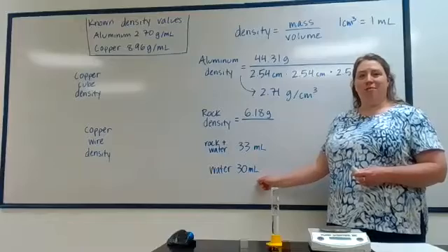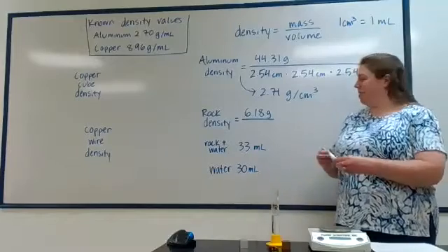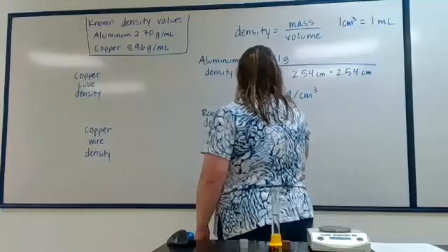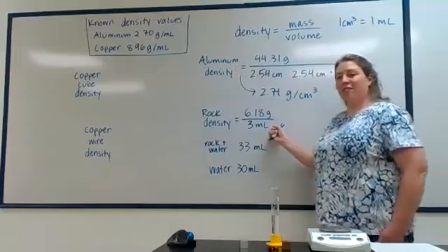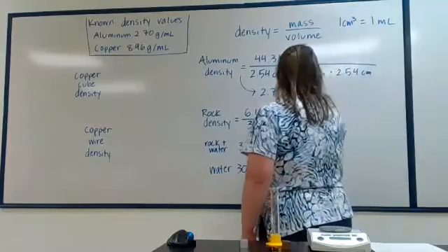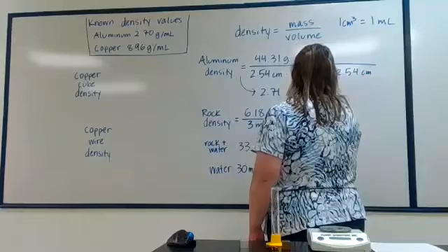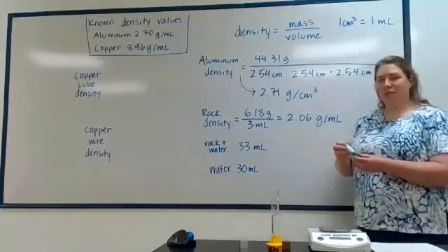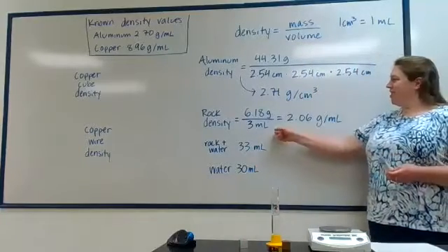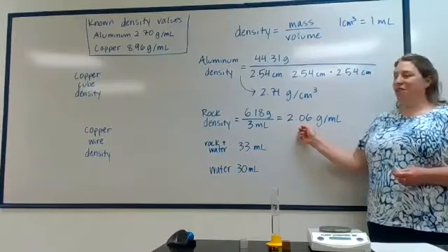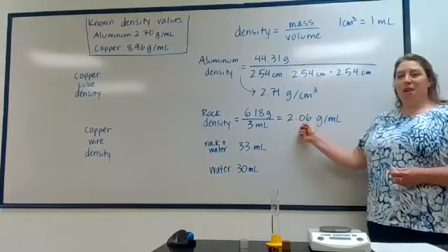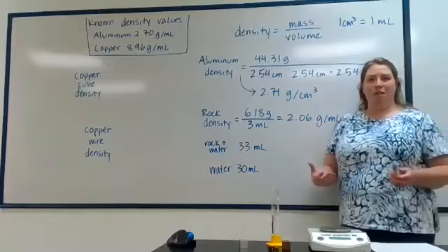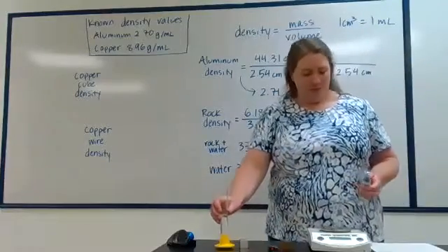We can subtract and find now the volume of just the rock. And that's what we want to use in our density calculation. So now I can find the density of a rock, of some kind of irregular solid. And now maybe this density would help me find out the identity of that rock, what it's made out of.